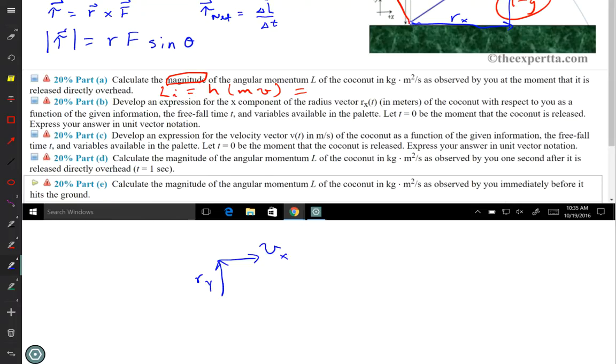Using the right-hand rule, you always put your index finger in the direction of the first vector, middle finger in the direction of the second vector. So since it's R cross P here, that's the same as mass times R cross V.